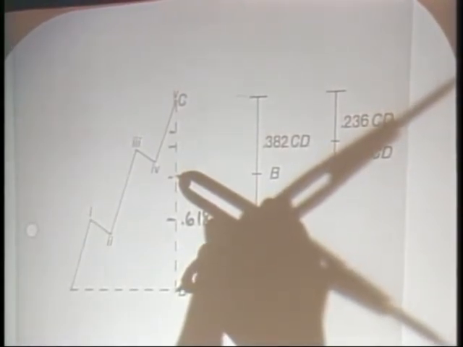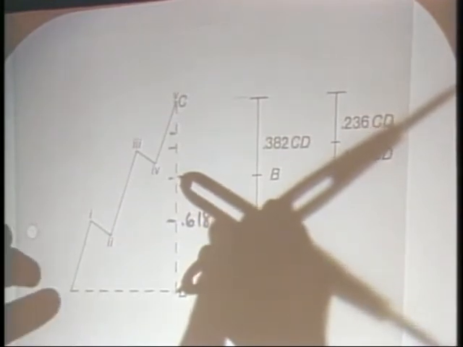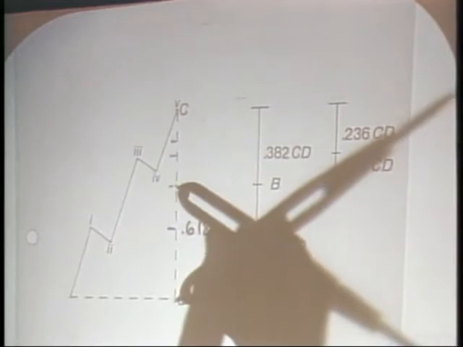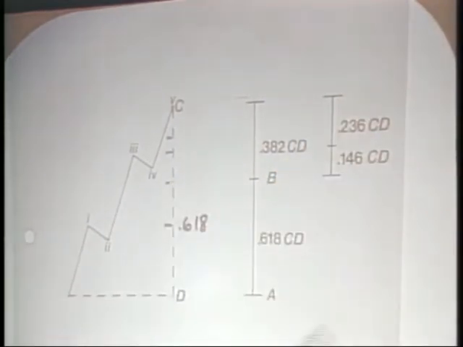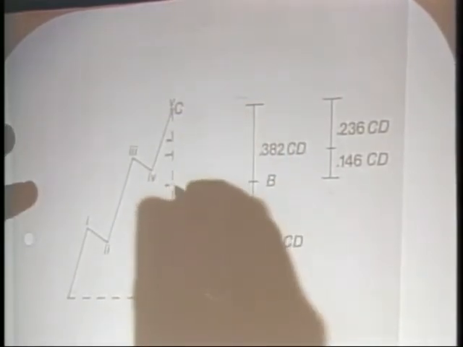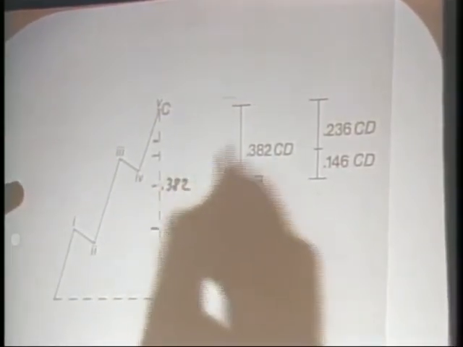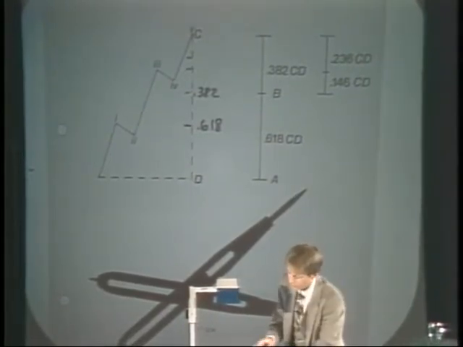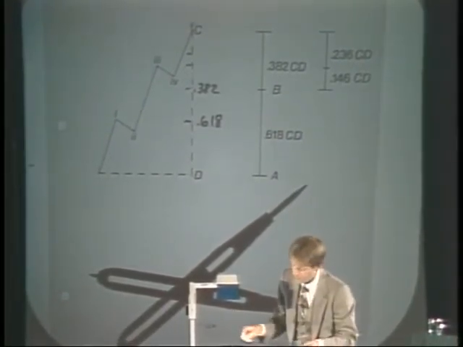And in doing so, I'm subtracting; the difference between 1 and 0.618 is 0.382. Therefore, that mark is a 38% retracement of the entire move. 1, 2, 3, 4, 5.